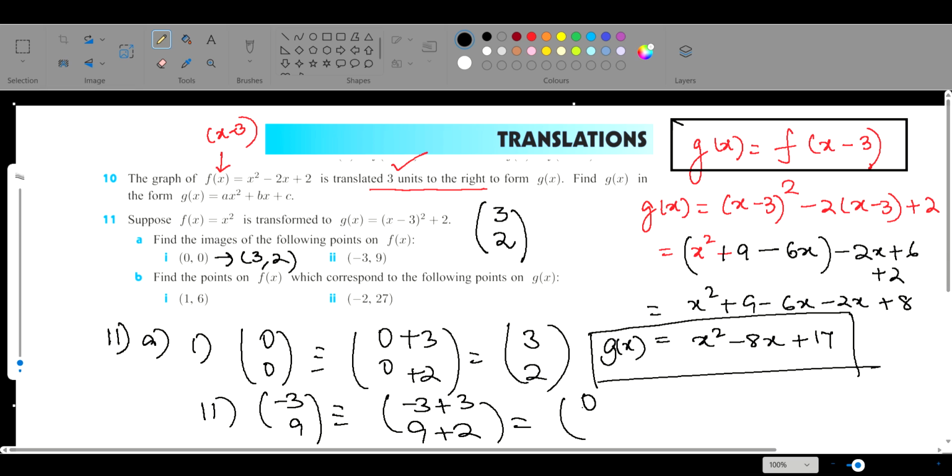Minus 3 plus 3 is 0. 9 plus 2 is 11. So in coordinate form, it is 0 comma 11.